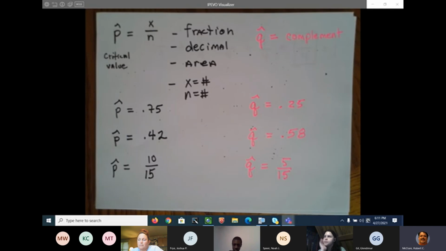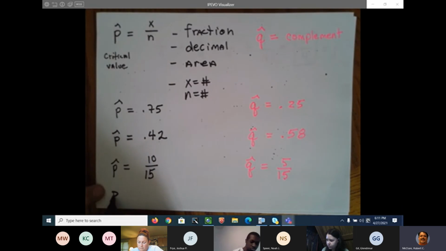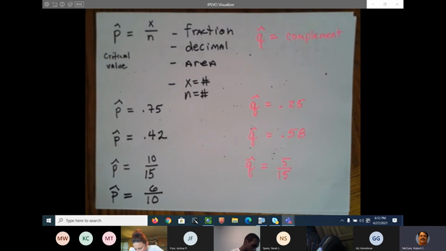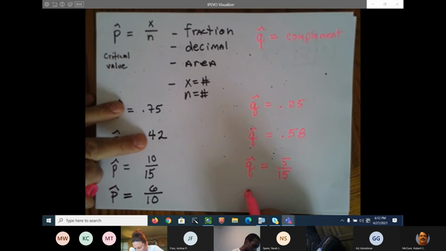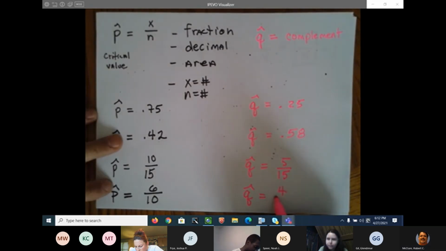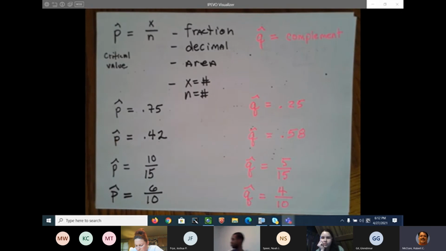So I'm going to do another one. P hat is equal to 6 over 10. Therefore, what is Q hat? 4/10. Good job. And that's how you do the complement.